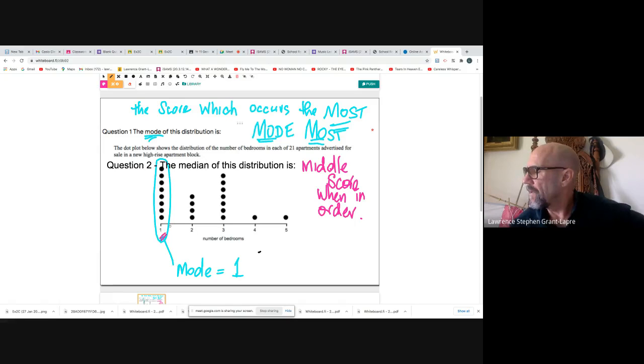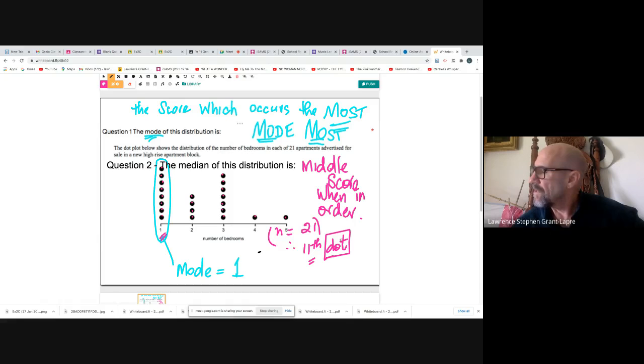There are 1, 2, 3, 4, 5, 6, 7, 8, 9, 10, 11, 12, 13, 14, 15, 16, 17, 18, 19, 20, 21 scores. Therefore, the 11th dot. So you've got 10 and then the 11th.